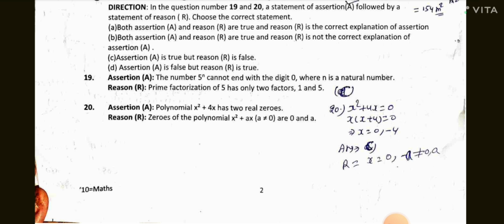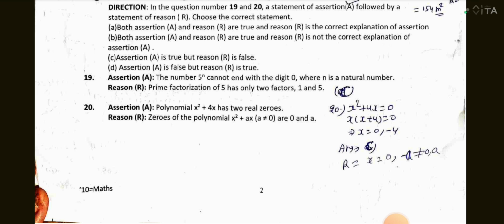So we can say that it is not the correct reason. So the option should be C. But if we think another way, 5 to the power n cannot end with 0, means we can write 1 into 5, 1 into 5 to the power n, means 1 to the power n into 5 to the power n. It will never end with 0.